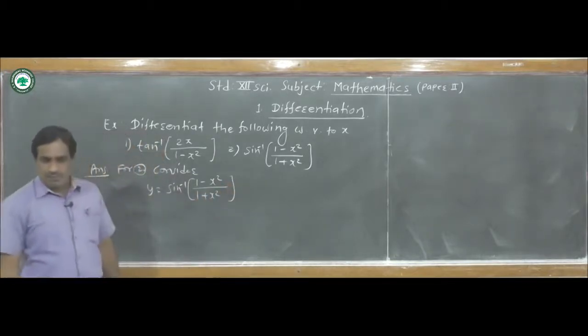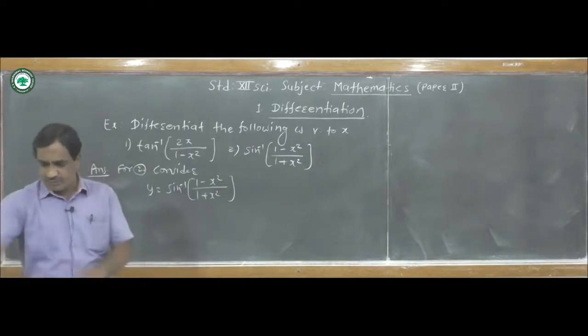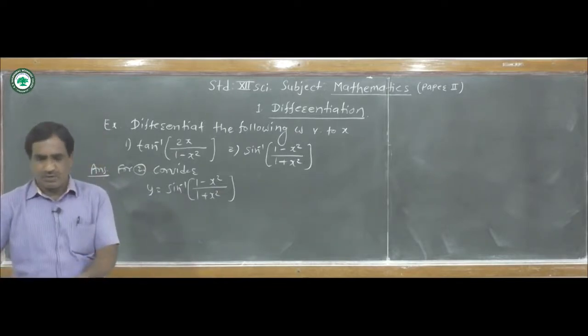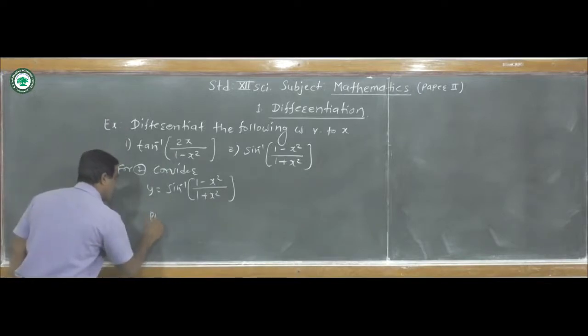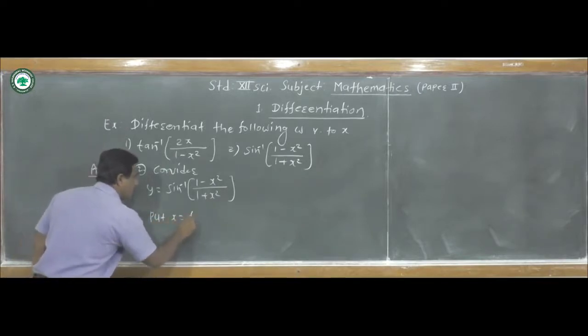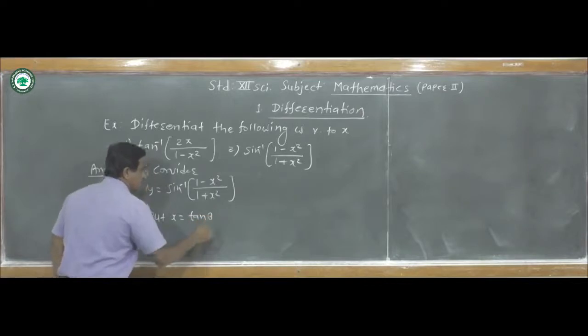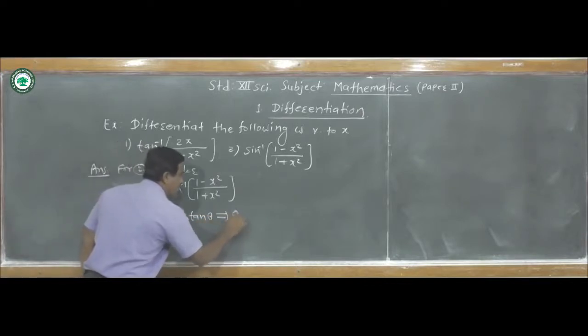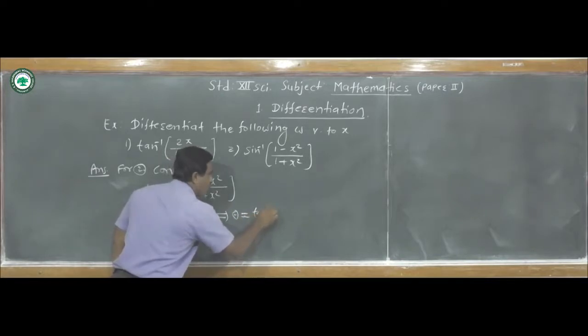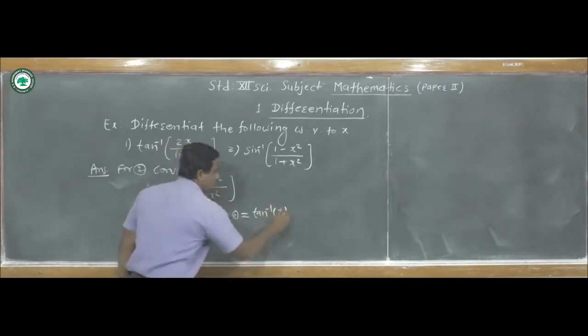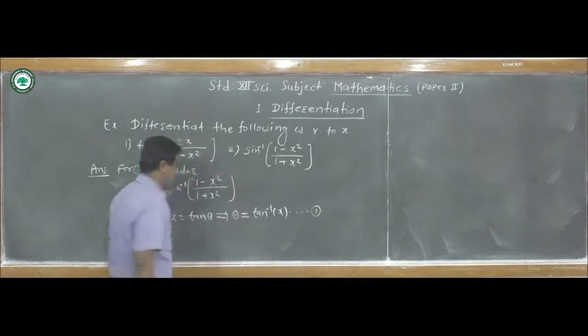Now here also we put the value of x. We put here x is equal to tan theta again. This implies that theta is equal to tan inverse of x. Say this as equation number first.